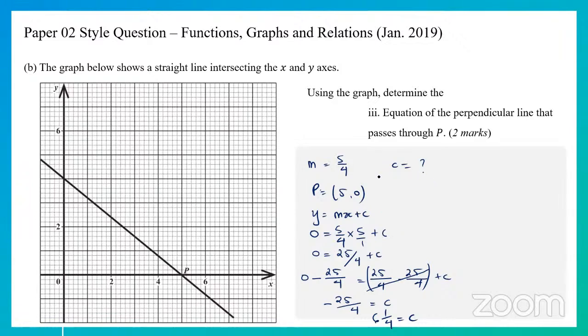So your answer would be y equals 5 over 4x minus 6 1/4 or minus 25 over 4. It is up to you how you want to write that part. And that should be it for this question.